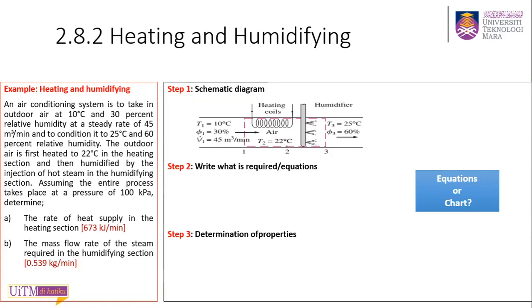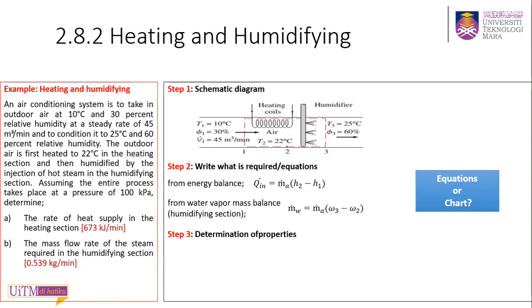For step 2, for rate of heat supply in the heating section, we can solve this by applying the energy balance equation. For mass flow rate of the steam in the humidifying section, we will use the water vapor mass balance equation at the humidifying section.